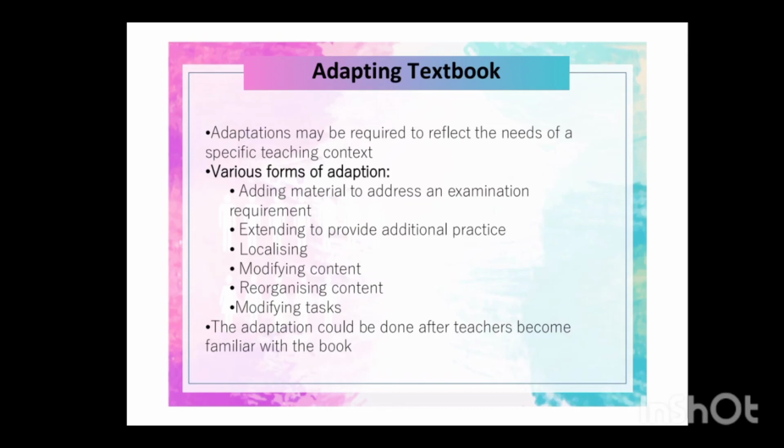Localizing means that we try to use the activity from the textbook, but we design it or we relate it with our local environment. For example, the activity is discussion or related to interview. Then the students have to discuss or interview their classmates about one topic.